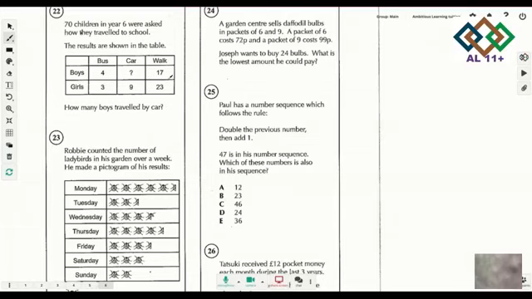So we will add 23 plus 17, and we'll just add all of them up. I'll do it here for you.